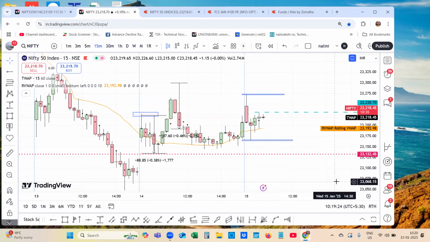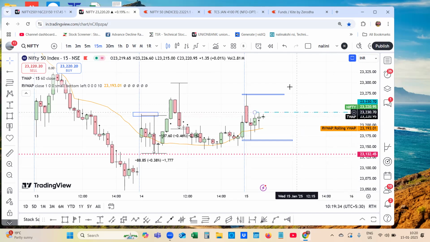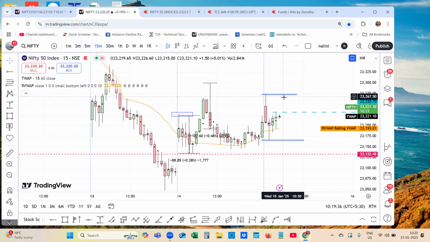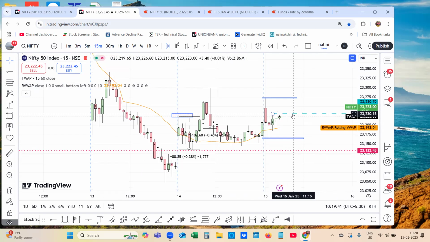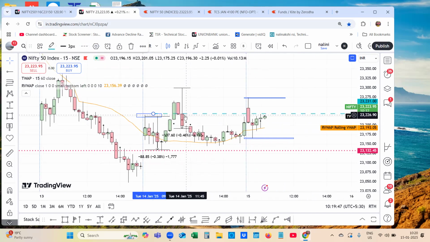Still, it has got 10 minutes to close. We cannot say. But the TWAP resistance level, if I go back and change it from yesterday, this is the level from where we are seeing the TWAP resistance levels.